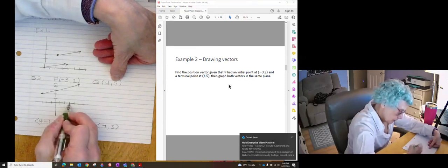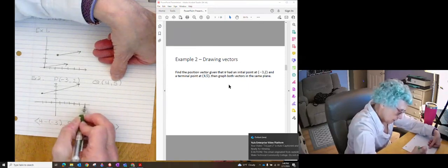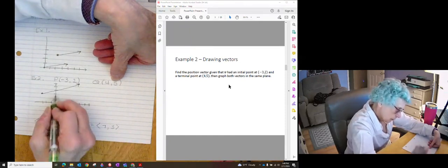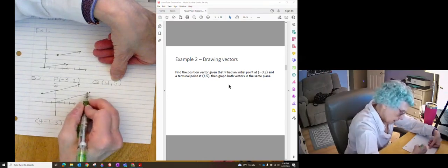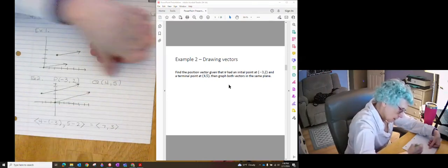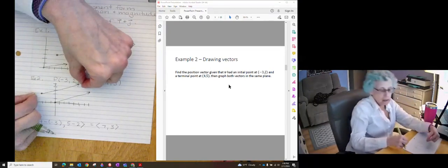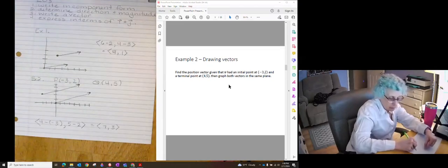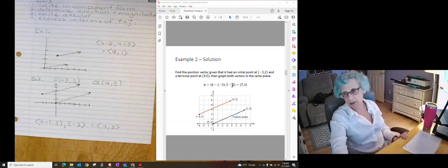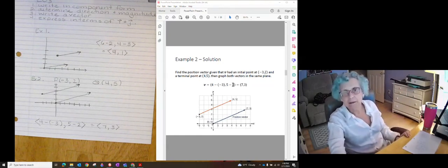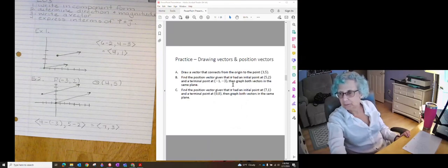So 1, 2, 3, 4, 5, 6, 7. 1, 2, 3. And you can see it looks kind of like I just picked this one up and shifted it over, but here's the pretty picture. So it really looks like you just shifted it over.